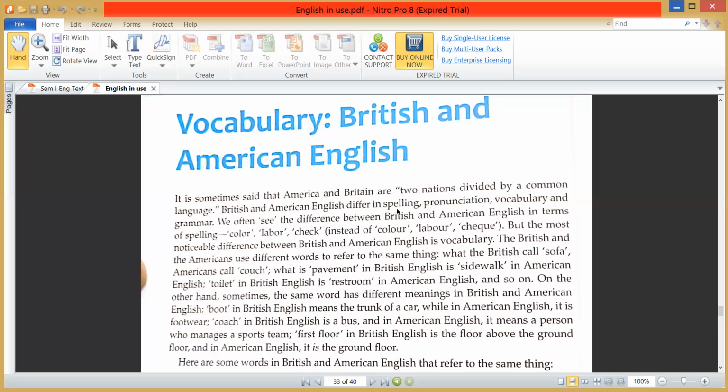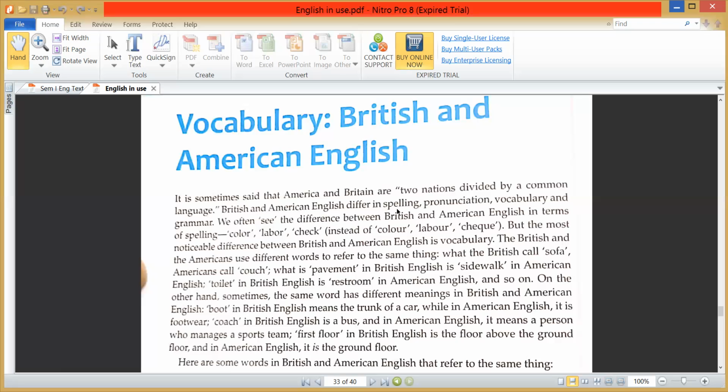They had a continuous urge to be different from the rest of the world. That was their main motive, because they were let down by the Britishers, their fellow countrymen. Because of that urge, they created new words and different spelling, pronunciation, vocabulary and grammar.